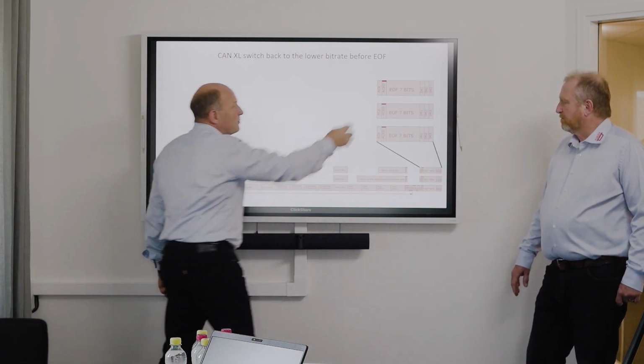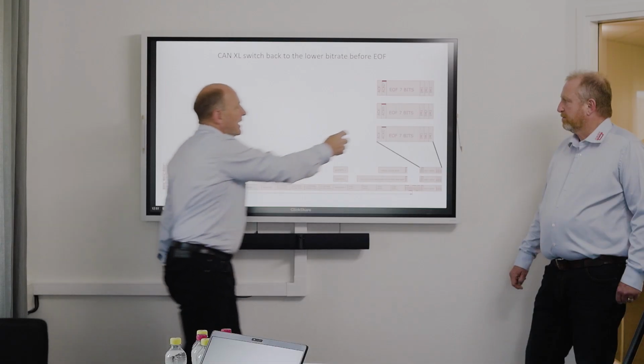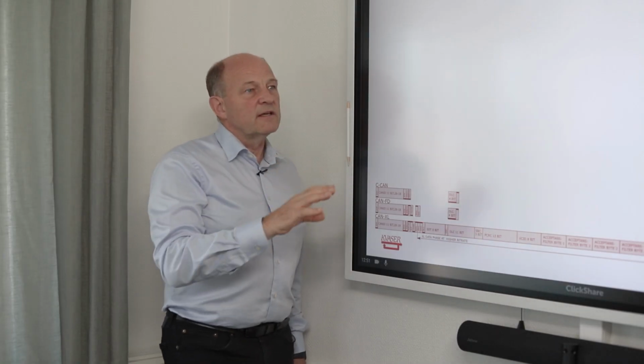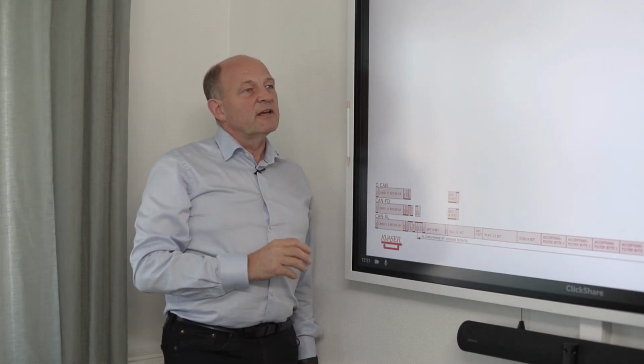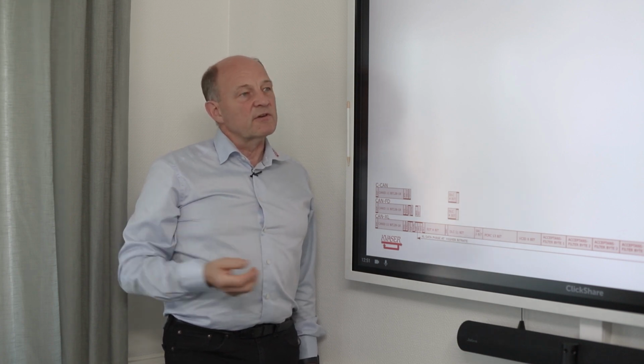And in all protocols, this ACK bit will be sent recessive by the sender, and all the receivers will send it as dominant to indicate to the sender that this looks okay. And if it's not okay, they will send a recessive, and after the ACK delimiter, they will send an error frame. So this is both a negative and positive acknowledgement of the information that the receiver has received.